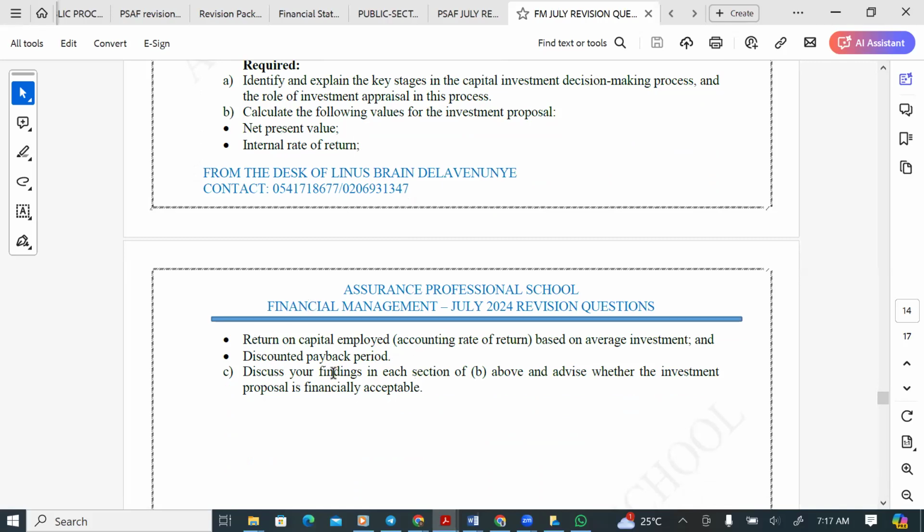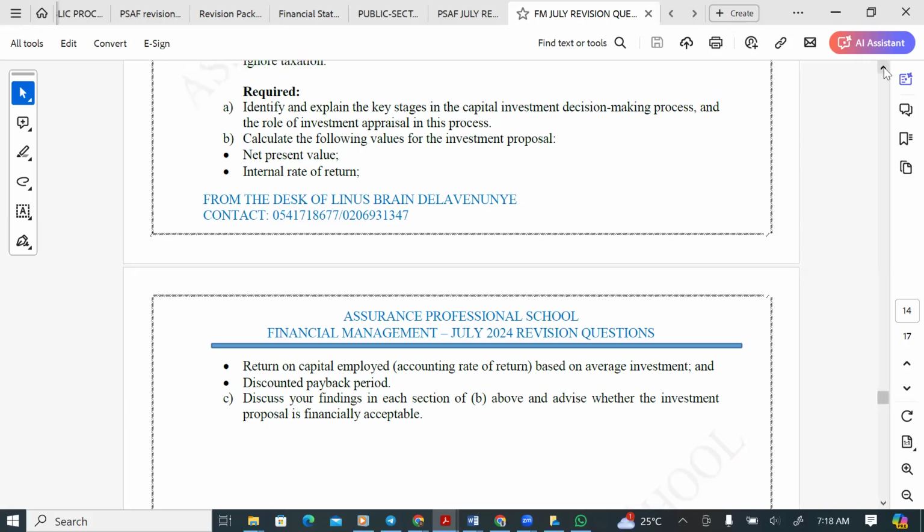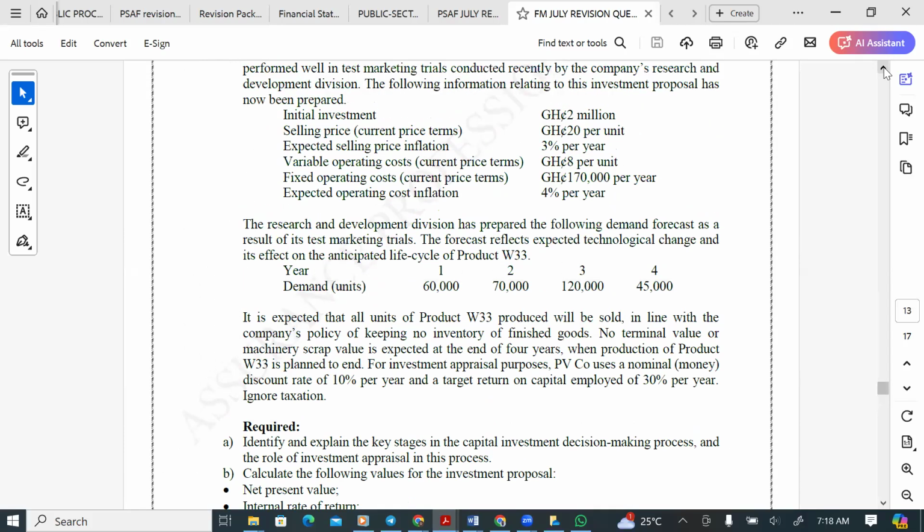Discuss your findings in each section and advise whether the investment is financially acceptable. You calculate these, it's not a big deal, so you can try that one.